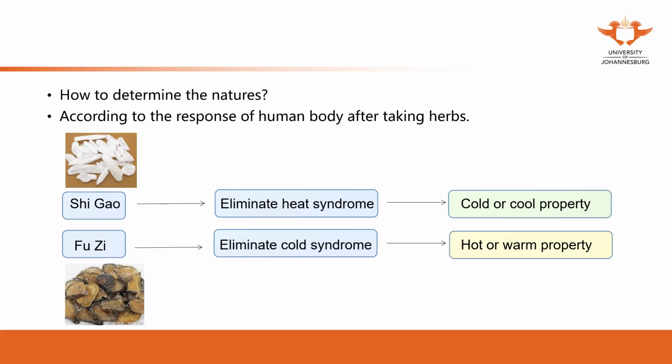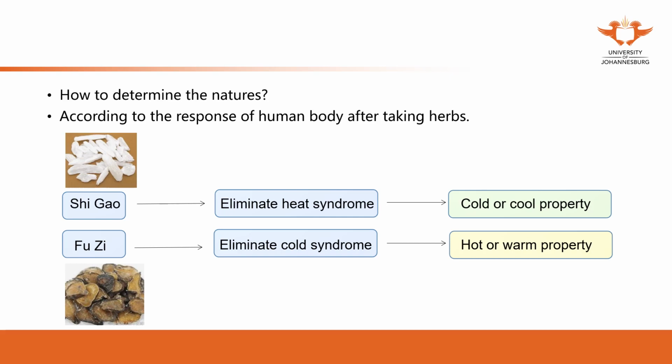And then after taking the formula with 附子, the hands and feet become warmer, the pain during the period is reduced, and the tongue becomes red or light red, not as pale as before. In this condition, we can conclude that the cold syndrome of the patient has been eliminated. So in this situation, we say that 附子 has the property of hot or warm.